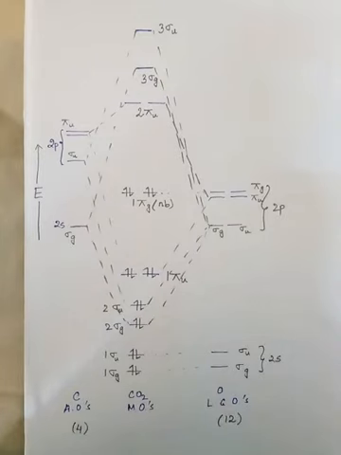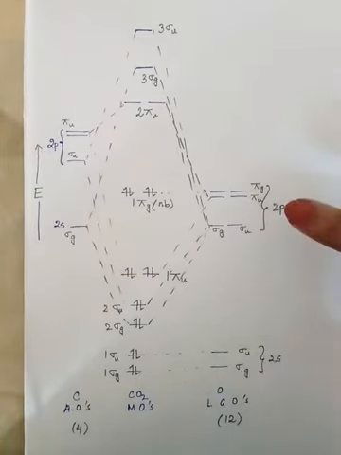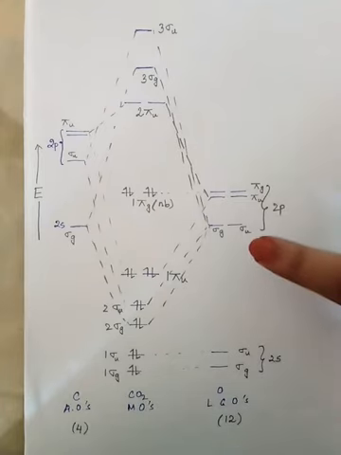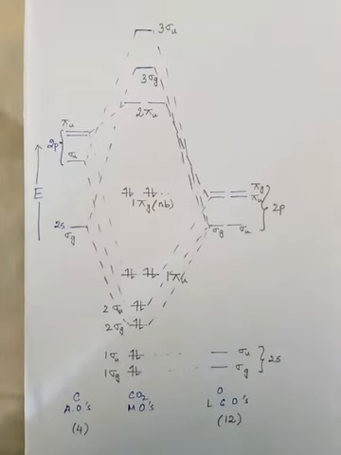Under 2s, two orbitals have been represented, sigma u and sigma g, and under 2p these have been represented: one sigma g, one sigma u, and two each of pi u and pi g. So from where did we come up with these? These are a result of the LCAO of the two oxygen atomic orbitals.